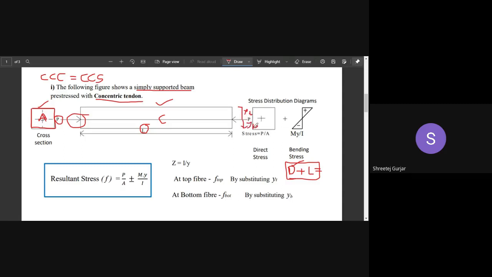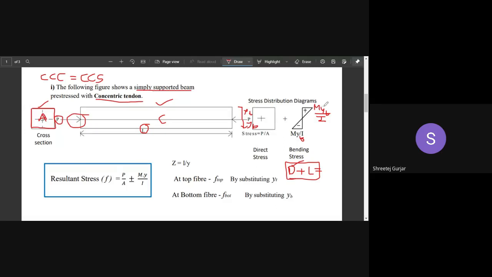So you have to calculate separately: M yt divided by I for the top fiber, and M yb divided by I for the bottom fiber.